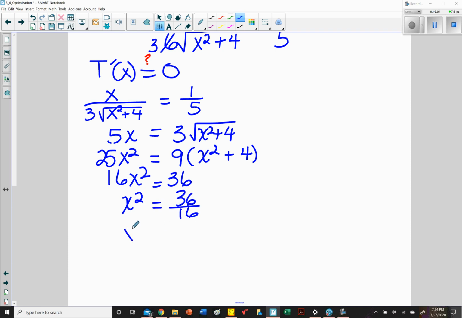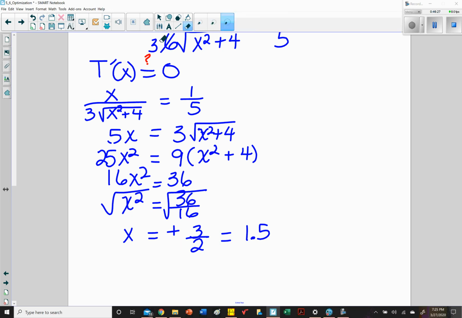So x is plus or minus 9 over 4. Let's see, right? The square root of 9 is 3, and the square root of 4 is 2. So a mile and a half. And we can't have a negative. We only want a positive domain, a mile and a half.